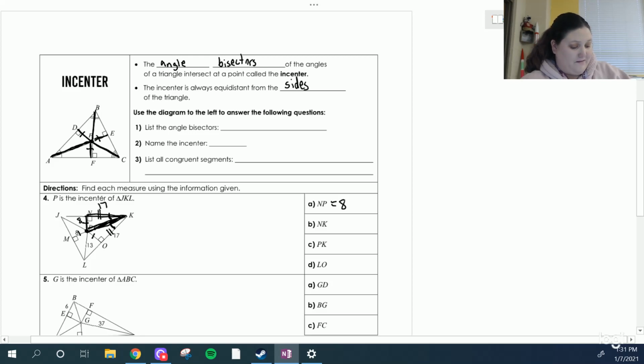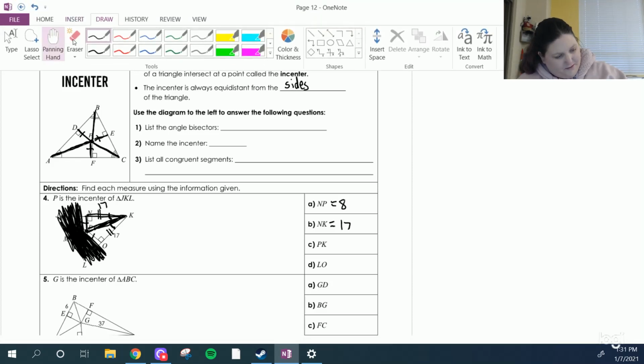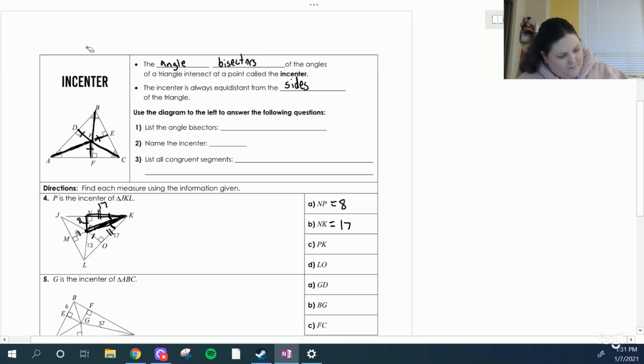So this is 17 because of the angle bisector. I don't even need any of the rest of this picture. This is just like our angle bisector problems from the last video. If you just have this picture, that's all you need for that. So this is 17.